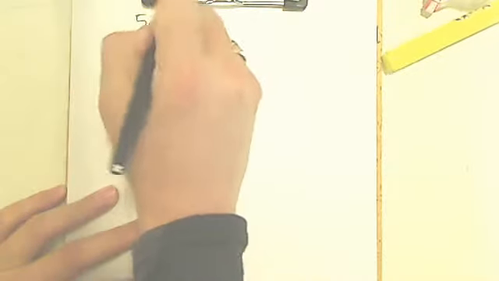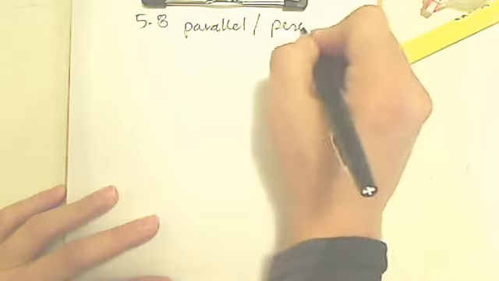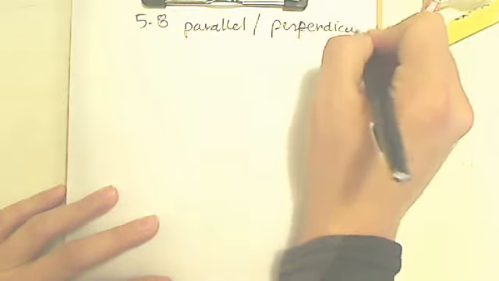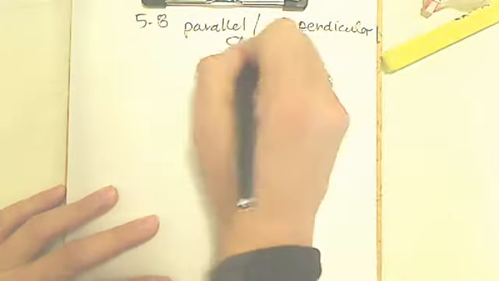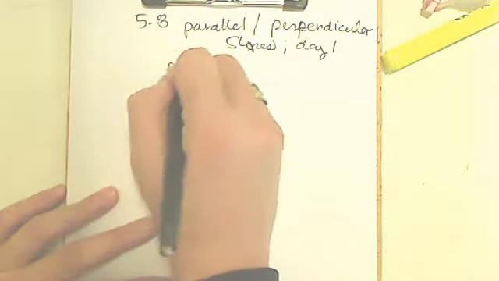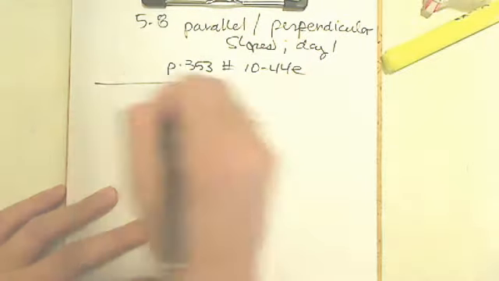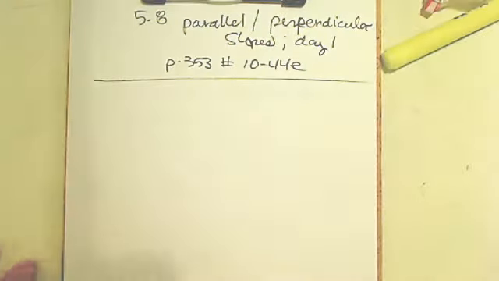Here we go. 5.8, parallel and perpendicular slopes, Day 1. Homework is page 353, numbers 10 through 44 even. No graphs. Straight algebra tonight.